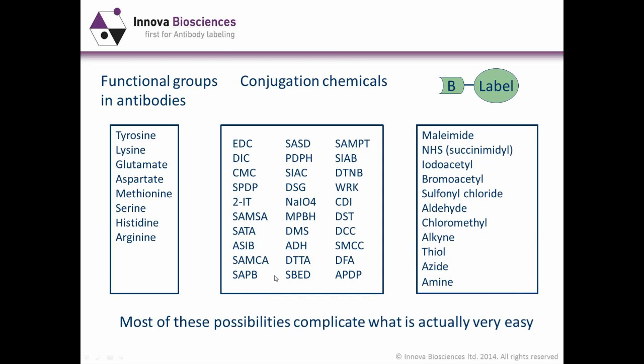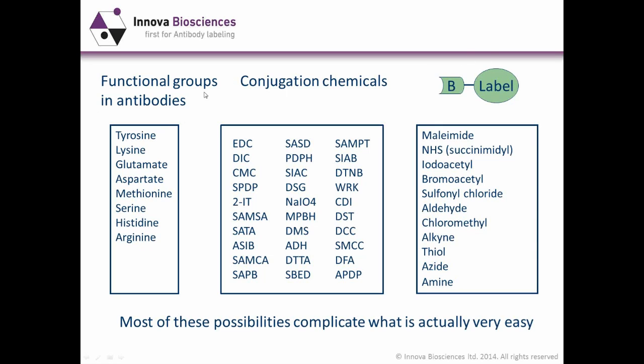Now, if you choose the right B, you can make life much easier for yourself. If you go to a bioconjugation textbook, you'll see some of these things. This is a whole list of conjugation chemicals that may help you to form an antibody conjugate. These are some of the reactive groups that you could have on your label. Lots of these things are commercially available. You don't usually need to make this reagent yourself.